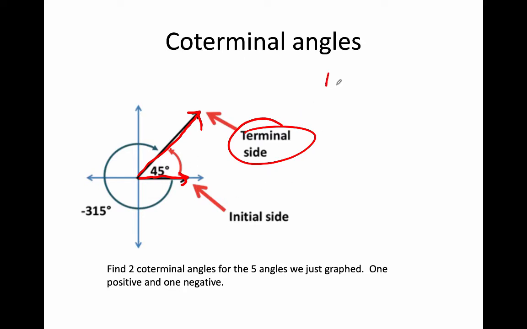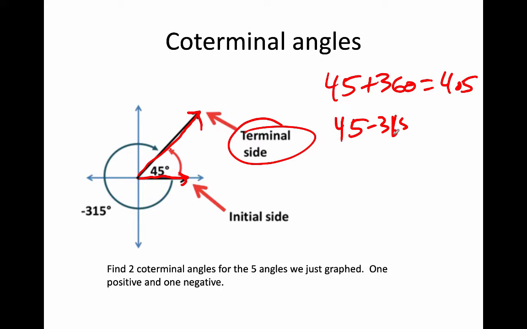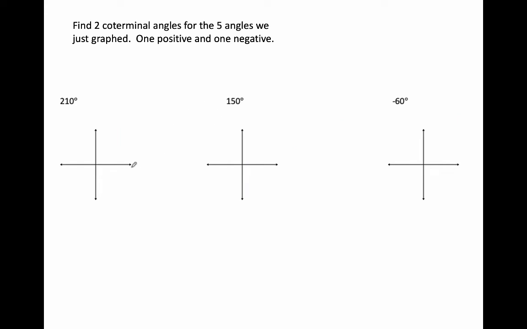What we're going to do, you can go 45 plus 360 equals, okay, that would equal what? 405. And then where did the 315 come from? 45 minus 360 is negative 315. So basically you're going around the circle again. Think of it as a roundabout. So you got that 210 you just graphed.